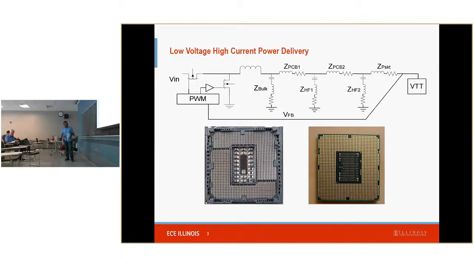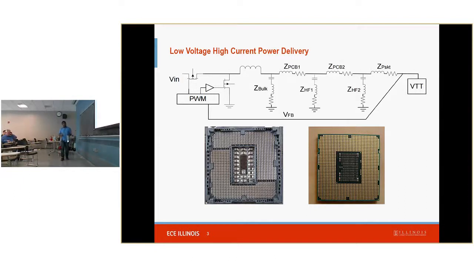So here we have an equivalent circuit of what a power supply on a PCB for a processor is going to look like. First we have a buck converter stage, with multiple phases of the buck converter, and then we have a bulk decoupling capacitor, which is usually an electrolytic cap, and then some ceramic caps placed right next to the electrolytic caps.